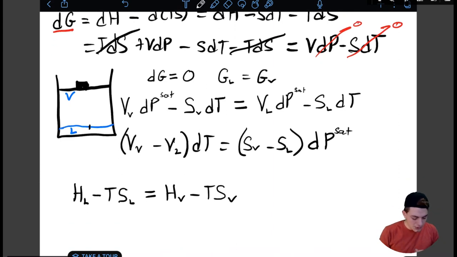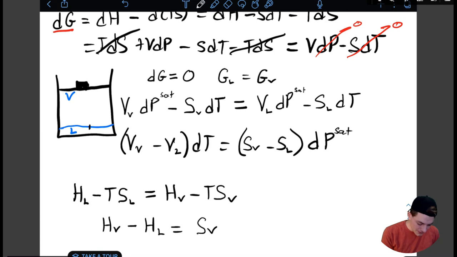Again, moving these terms to their respective sides to be with one another, we would get the enthalpy of the vapor phase minus the enthalpy of the liquid phase is equal to the entropy of the vapor phase minus the entropy of the liquid phase times a negative temperature.